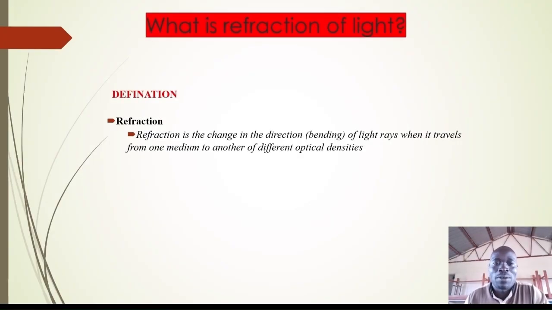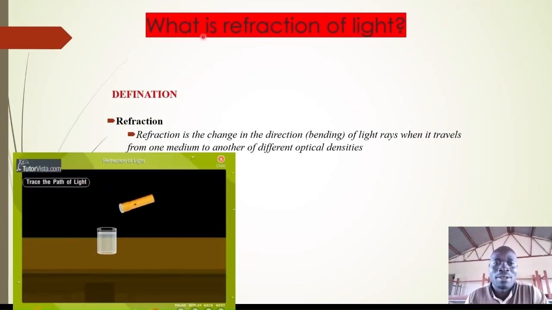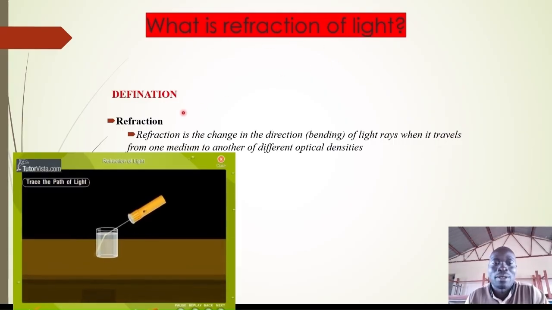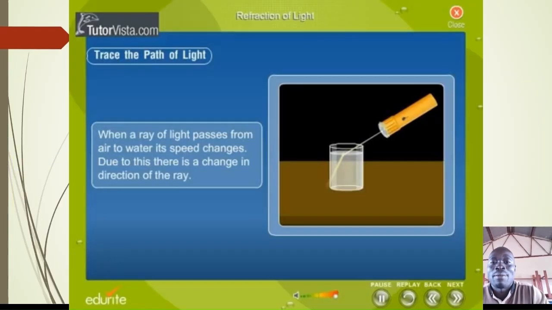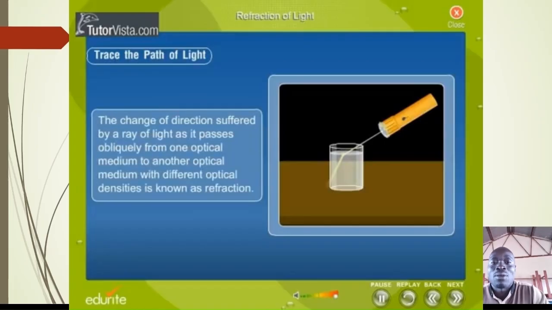Let's start our topic by asking ourselves what refraction of light is. Refraction is a change in the direction, or bending, of light rays when they travel from one medium to another of different optical densities. When I say optical density, this refers to how much a material slows down light as it passes through.